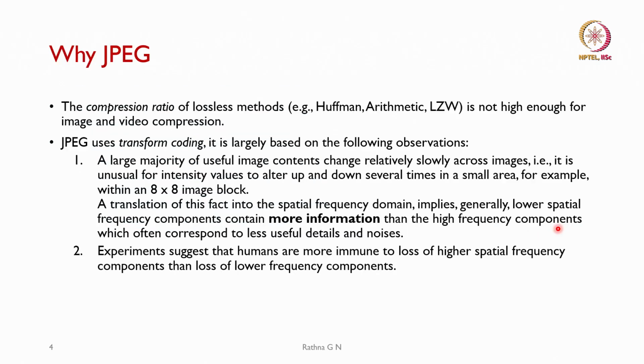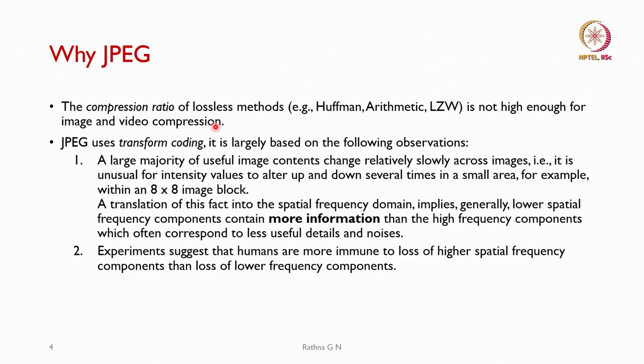Now, why do we have to select JPEG? The compression ratio of lossless methods, for example Huffman coding, arithmetic coding or LZW coding, is not high enough for image and video compression.